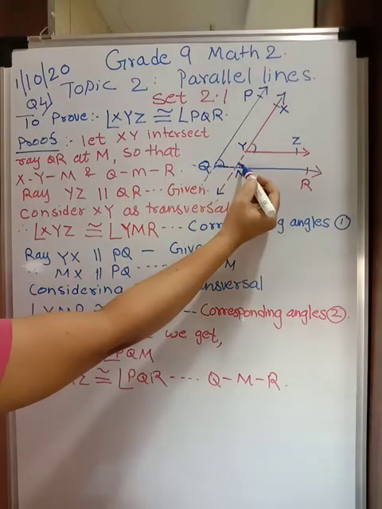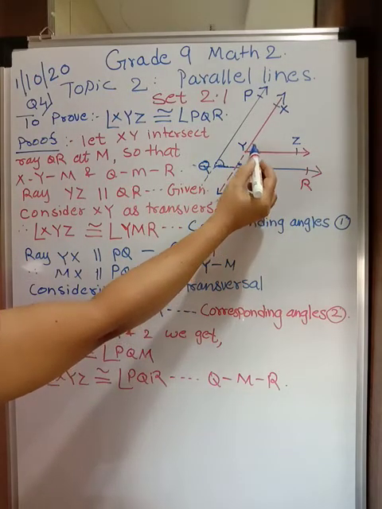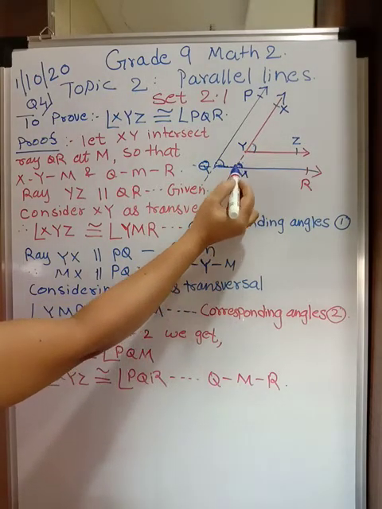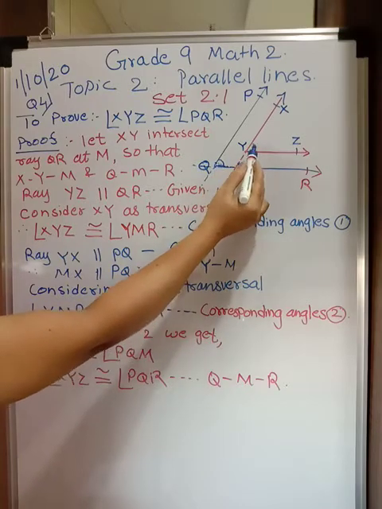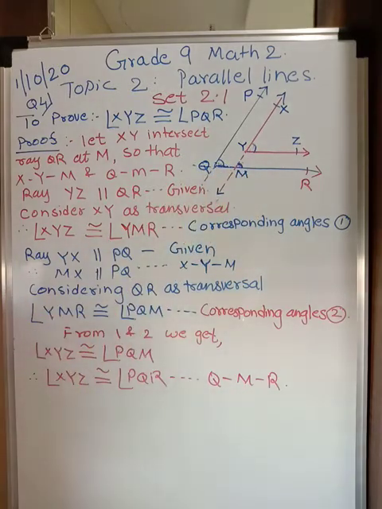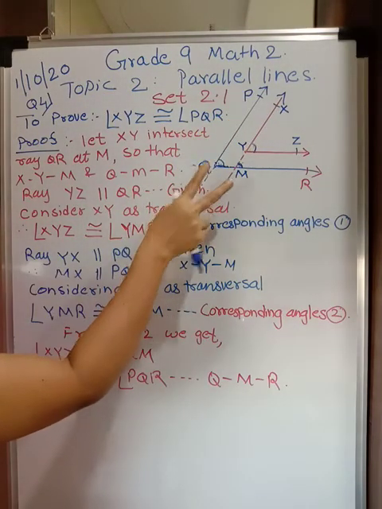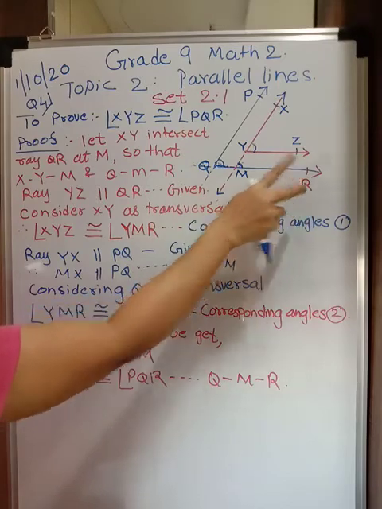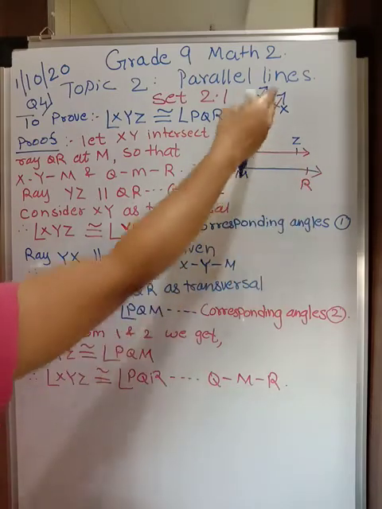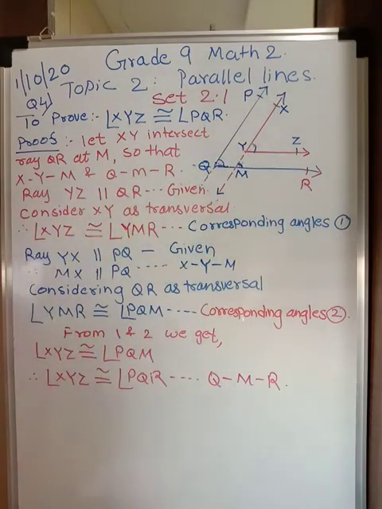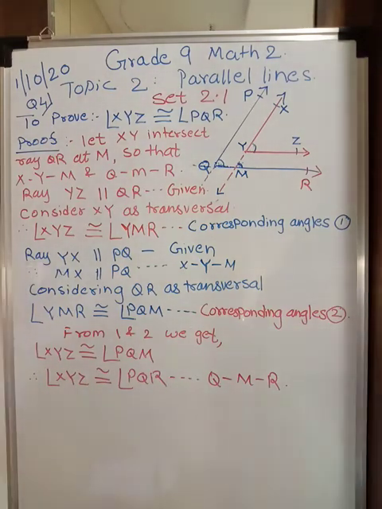So first, these two are equal, then these two are equal, and therefore these two are equal. Is it clear? And which test are we using? Corresponding angles test. Considering first these two parallel lines and one as transversal, then considering these two parallel lines and this as transversal. Please understand the proof and write down in your notebook very carefully.